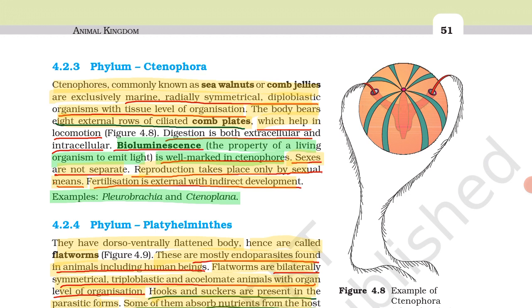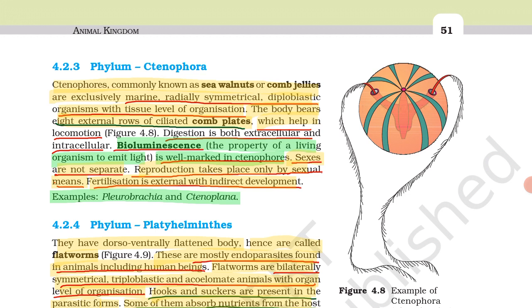So it's better to take one page and write about all the phyla, such as whether digestion is extracellular or intracellular, or in some phyla they exhibit both intracellular and extracellular digestion.